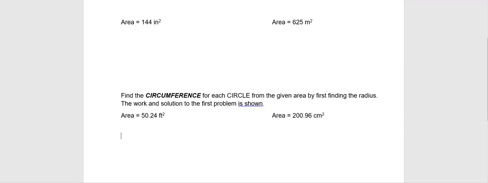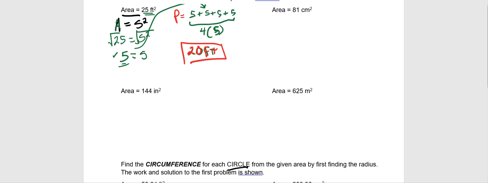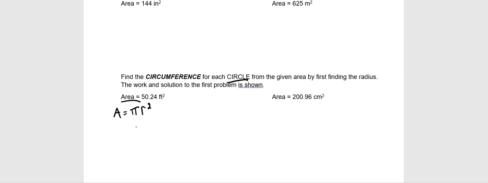So the problem we're going to see down below with the circle is going to be very similar. We're going to work backwards because we're dealing with the circle. We know the area. So let's work with that formula. A equals pi r squared. Well, let's see. What's our area? Our area is 50.24. We know pi is 3.14 times radius squared.